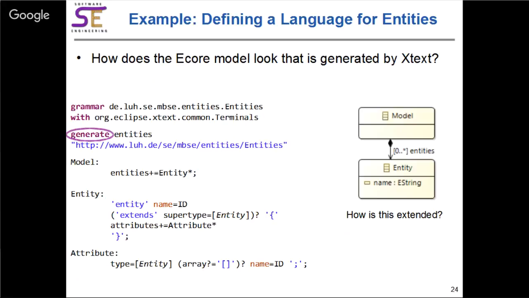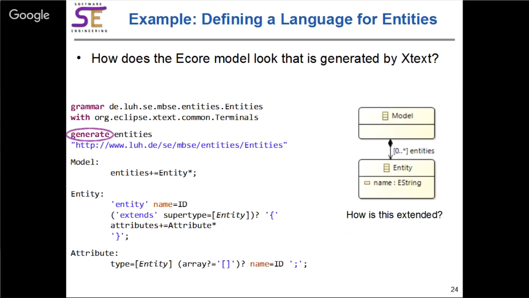Okay. So what's missing is still, so we said here, the model contains entities, and the same way, entity has a property or a reference called attributes. And this way, an entity contains a list of attributes or a collection of attributes. And so basically this is the same pattern as we see here again.